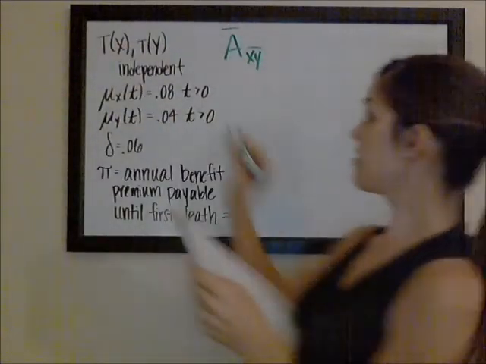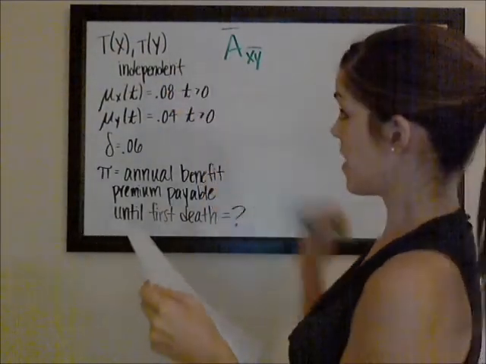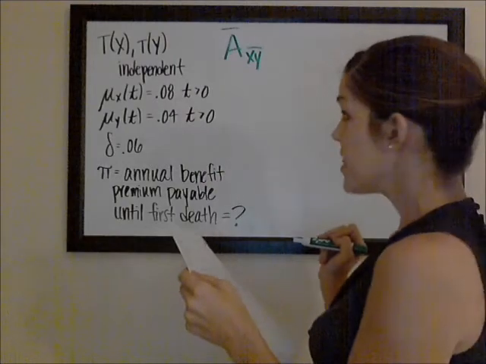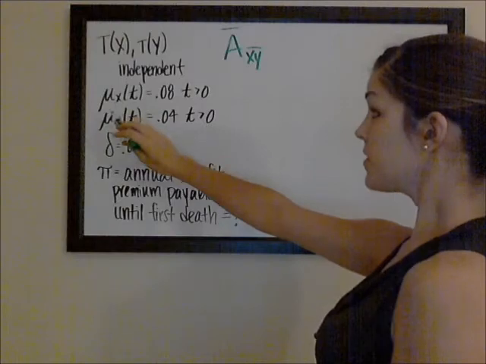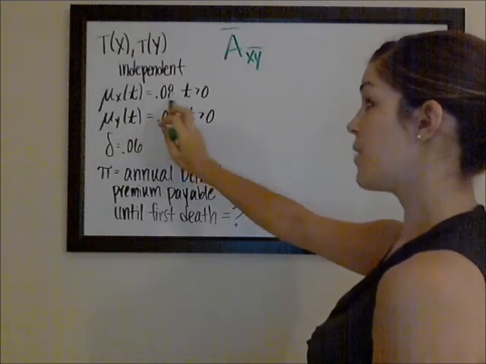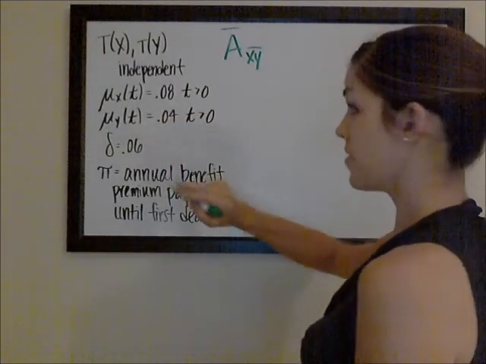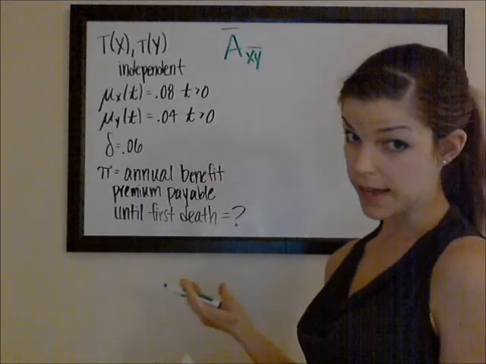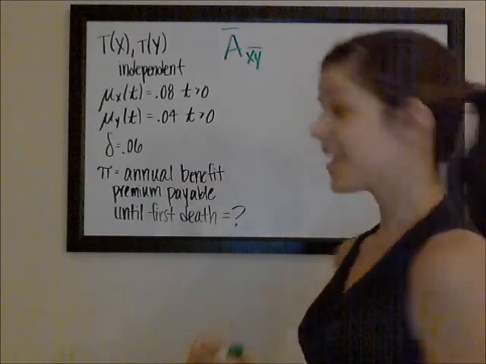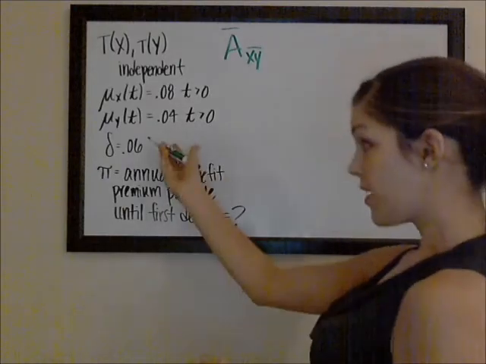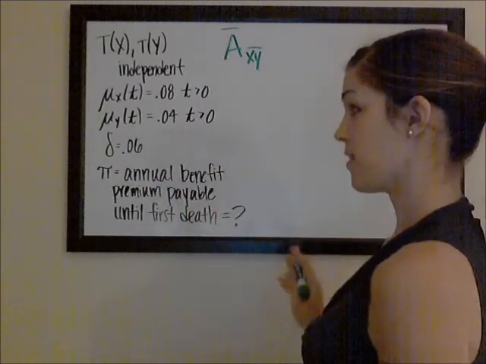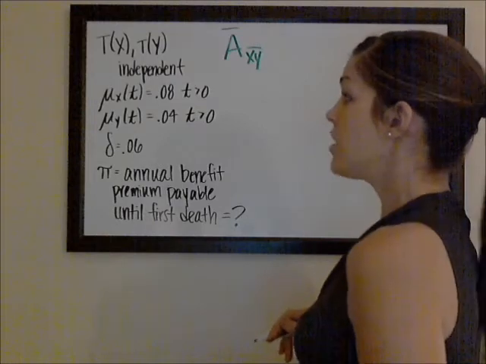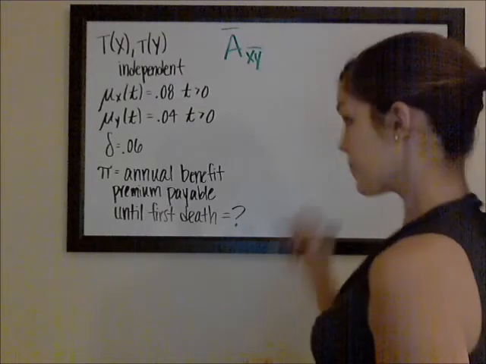Okay, we're given that the future lifetimes for X and Y are independent, that the force of mortality for the X-year-old is always 0.08 at any t, so we have a constant force of mortality for X, that's nice, and also for Y, the force of mortality at any time t is 0.04, so we have a constant force of mortality for Y of 0.04.